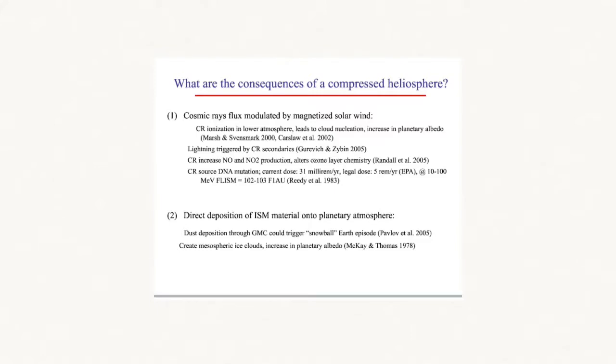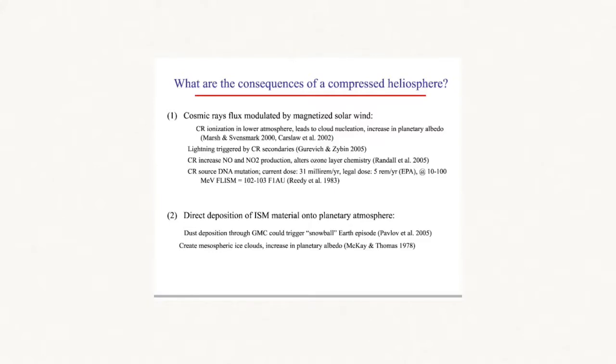For example, it's relatively easy: if you change the density by even a factor of 50, you can literally decrease the heliosphere from out to 100 AU to down to 10 AU. And some of the things that could happen as a result of that would be cosmic ray ionization into the lower atmosphere, which would essentially increase cloud cover and directly affect the temperature.